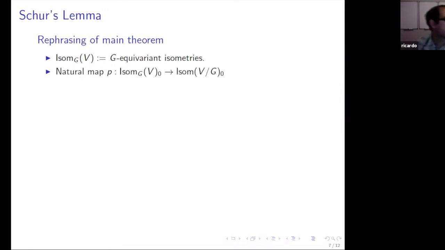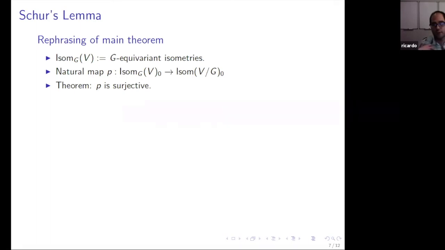Then we have a natural map, let's call it P, from this group of G-equivariant isometries to the group we want, which is the isometry group of the quotient. It's the induction: each G-equivariant isometry upstairs induces an isometry downstairs. That's this map. And then the theorem that I just mentioned can be rephrased as saying that this map is surjective. Okay, this is a group homomorphism and it's surjective.